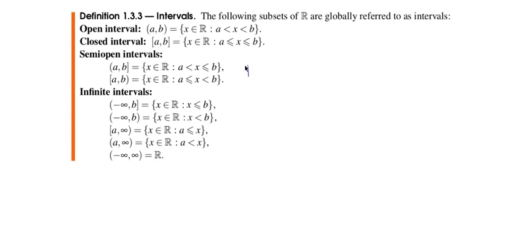We have set B, so real numbers x such that (x minus 1) times (x minus 2) times (x minus 3) is smaller than 0. So which numbers belong to this?